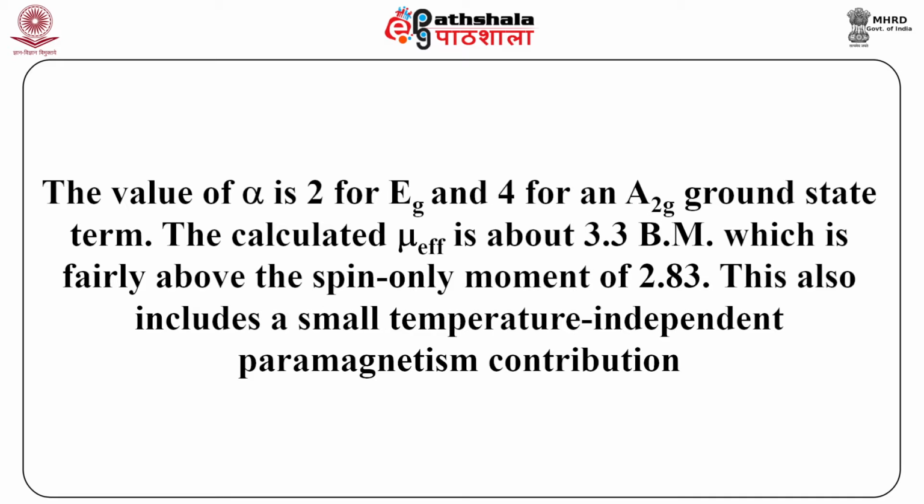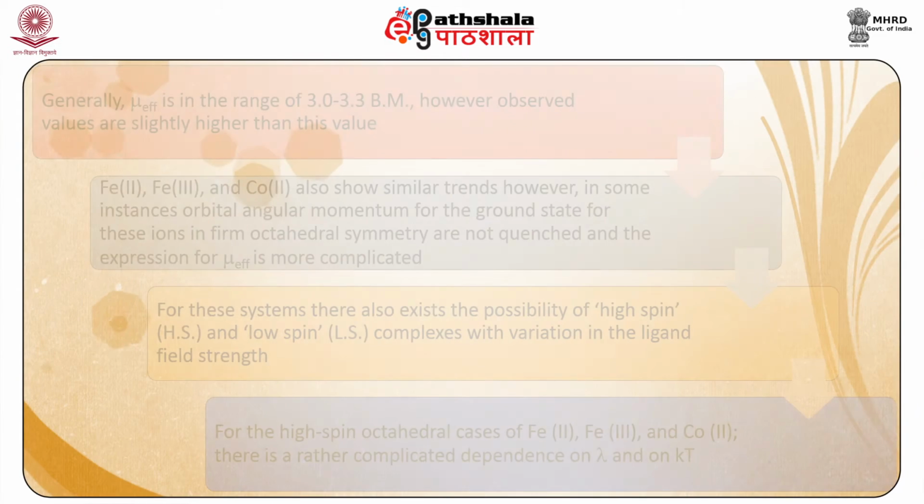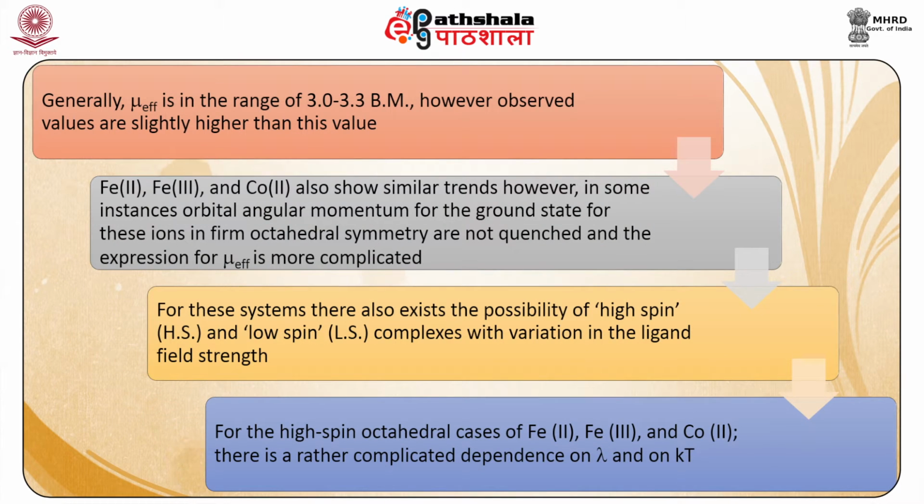This also includes a small temperature independent paramagnetism contribution. Generally, mu effective is in the range from 3 to 3.3 Bohr magneton, although noticeable values in excess of this have been noted. The metal ions Fe2 plus, Fe3 plus and cobalt 2 plus also show similar considerations.